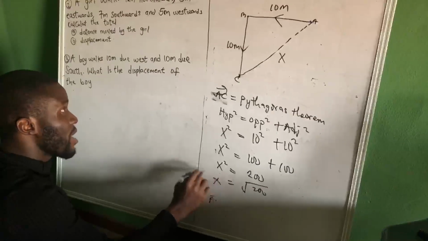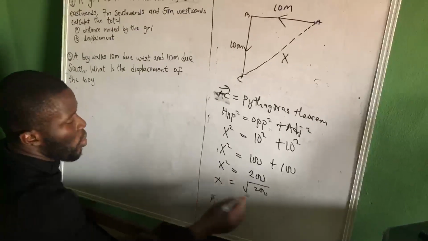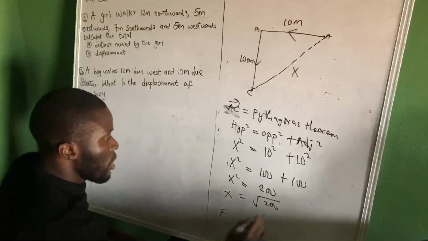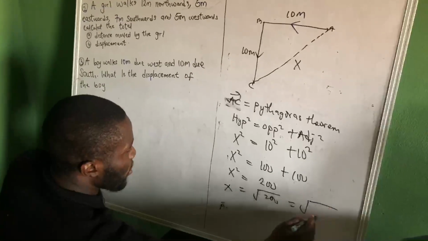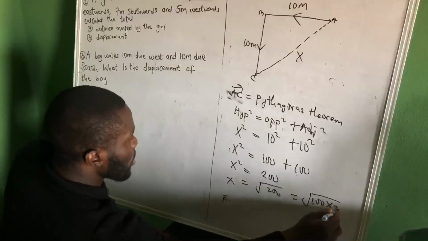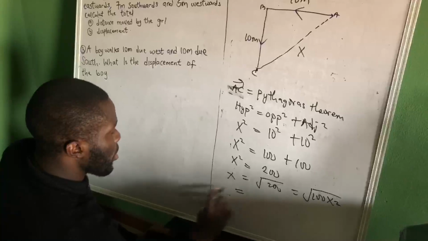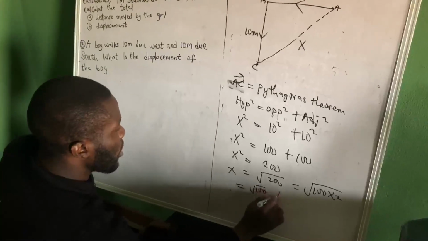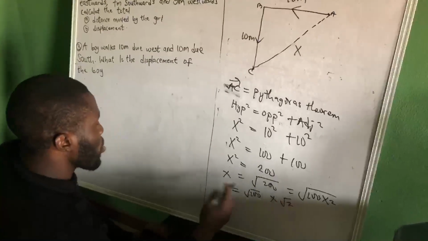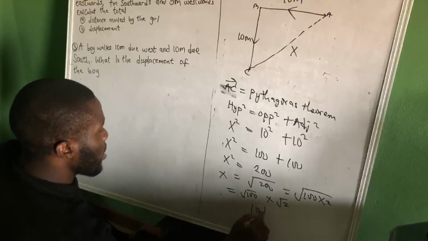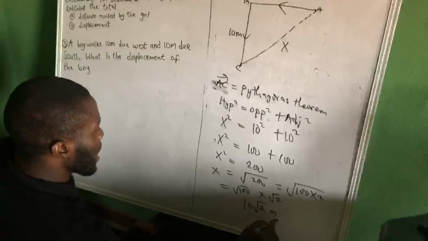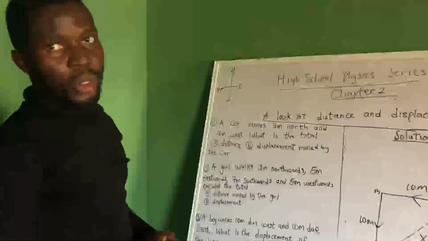It is x we are looking for. X is the total displacement. So square root of 200, that will be what? That will be square root of 100 times 2. And that is square root of 100 times square root of 2. And what's the square root of 100? That's 10. So that will be 10 root 2 meters. That is the total displacement moved by the boy.